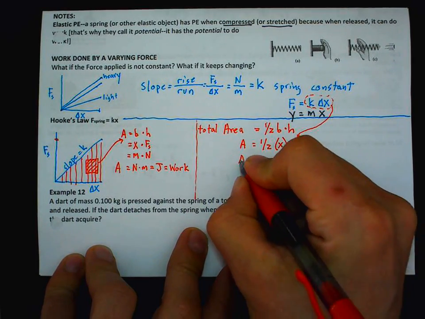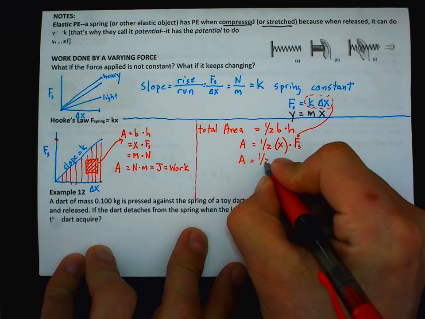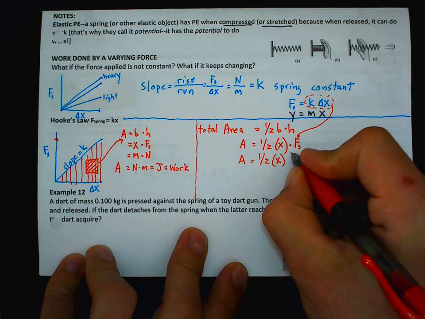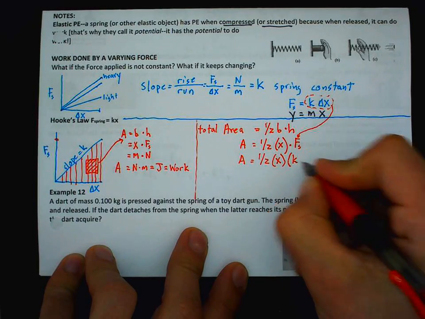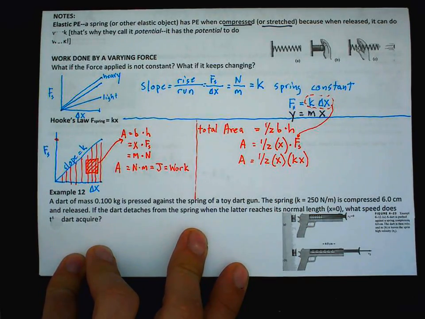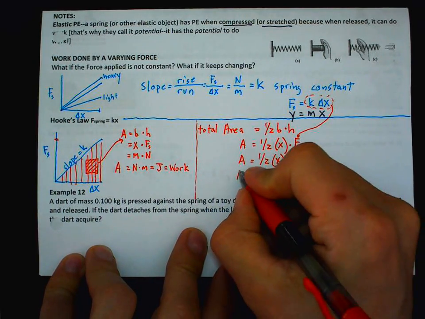So area is equal to 1/2 x times kx. I'm going to leave the delta out. I just subbed in Hooke's law for force of the spring. Let's clean this up.